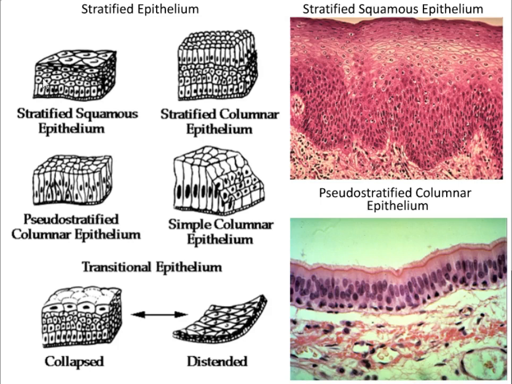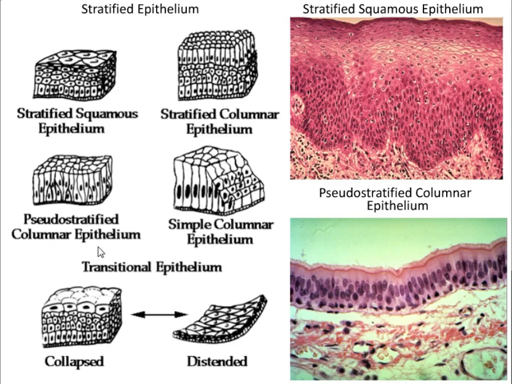So this kind of arrangement is now termed a stratified squamous epithelium. It's very easy to understand this terminology. Many layers of squamous epithelium, that is stratified. So here again, many layers of columnar epithelium arranged on each other, that is stratified columnar epithelium.